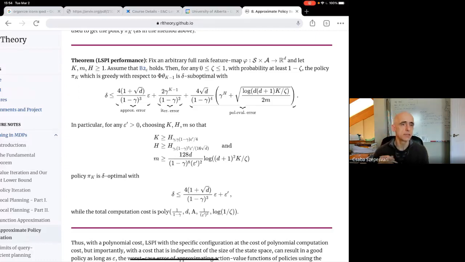So we were talking about this algorithm that assumes that the action value functions of all the policies can be accurately represented up to an epsilon error in L infinity norm.